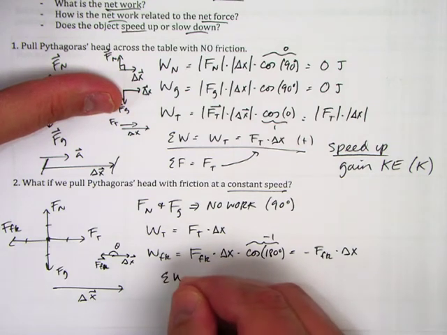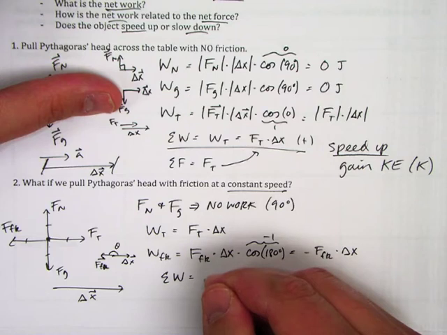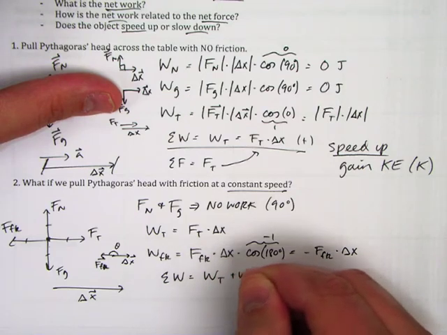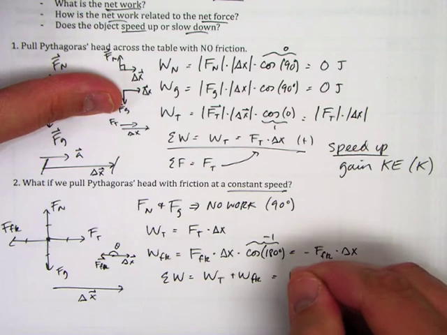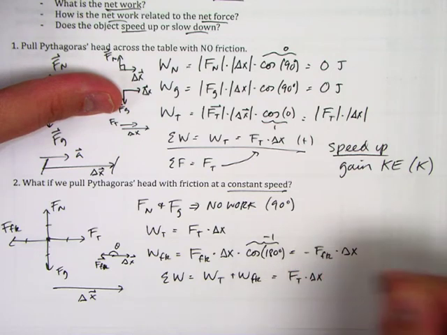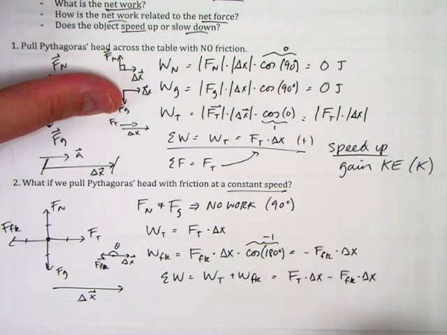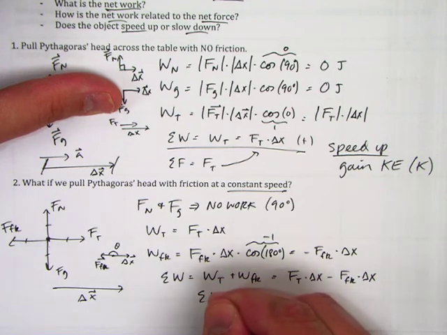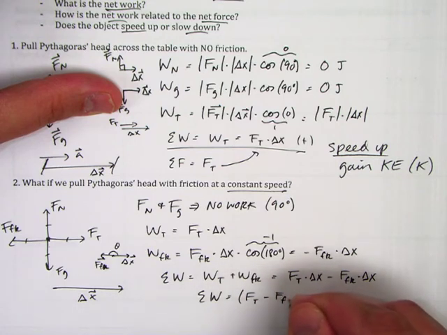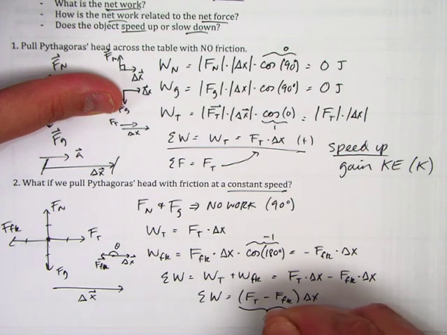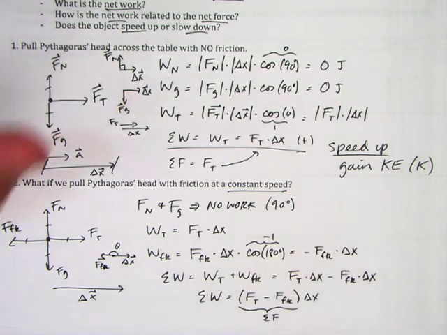So when I go to find the net work, I take the work done by tension plus the work done by kinetic friction, and this will be Ft times delta x minus Ffk times delta x. And if I factor out a delta x, it's just Ft minus Ffk times delta x, and all this is the net force acting on the object.